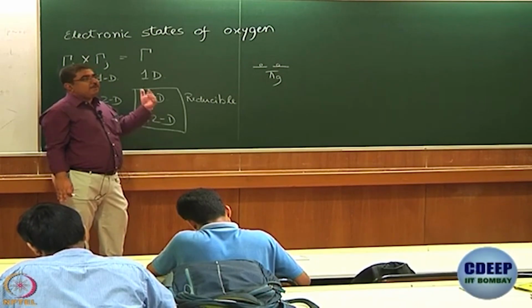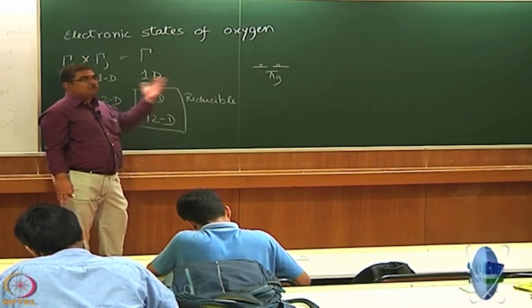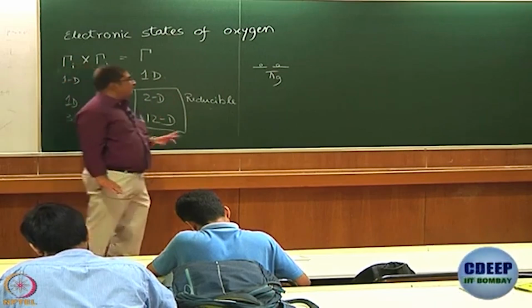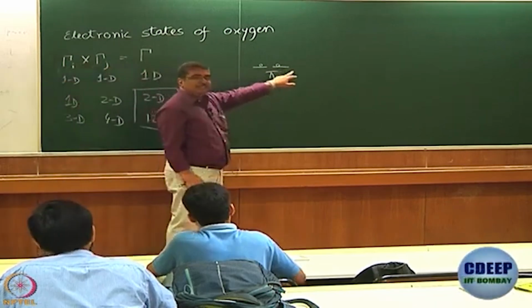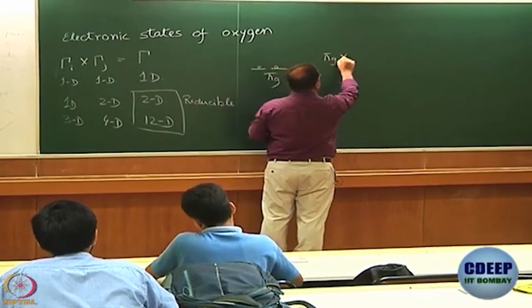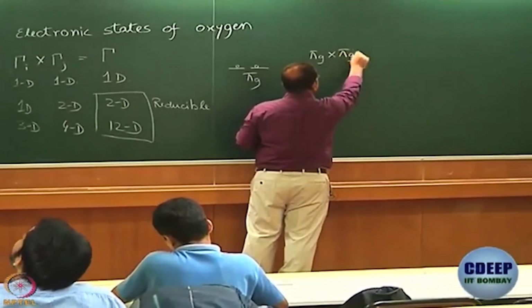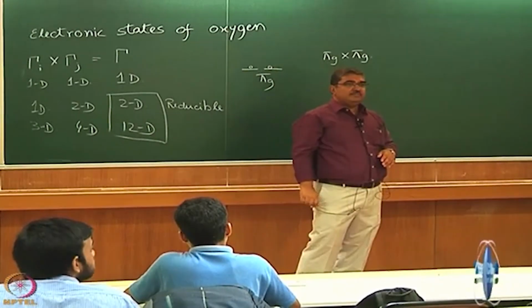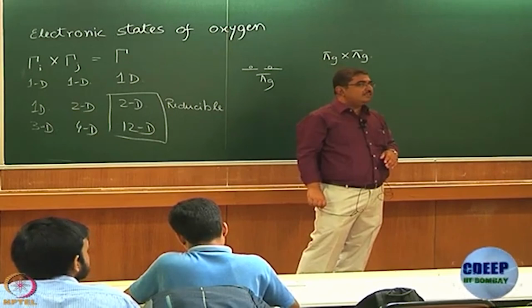You still take a product of the two, alright. So, first let us take the product and see what happens. This is pi g, this is also pi g. So, what we need to do is we need to take the direct product pi g cross pi g. What is the symmetry point group of dioxygen?